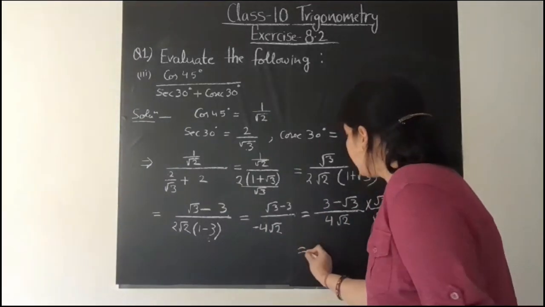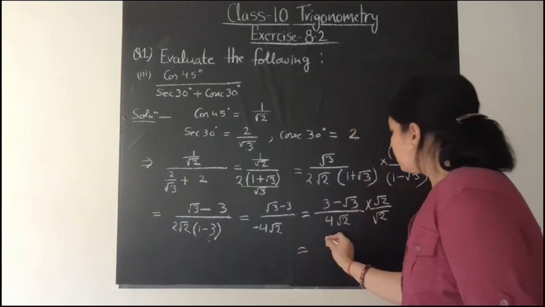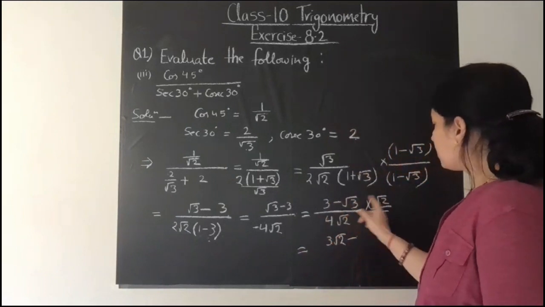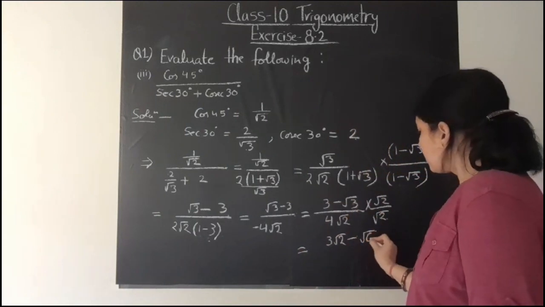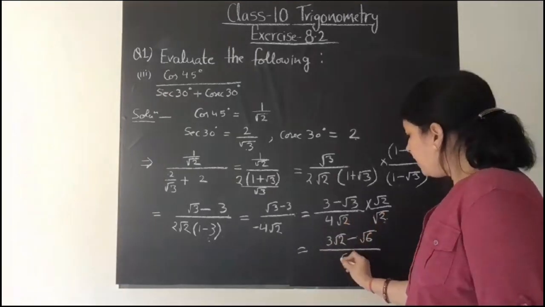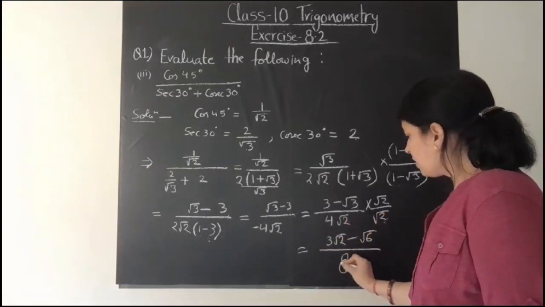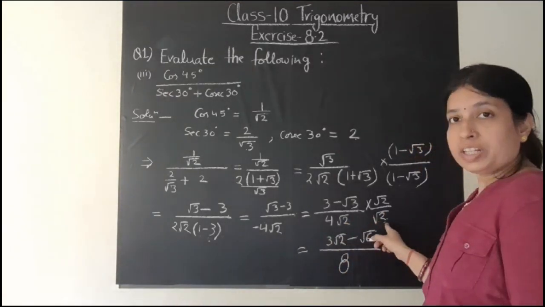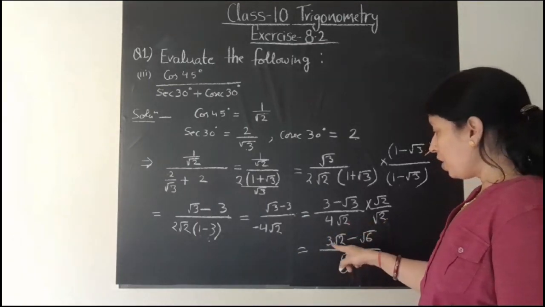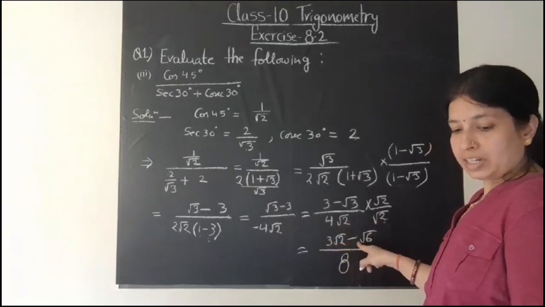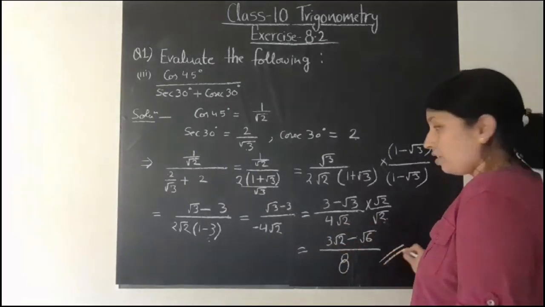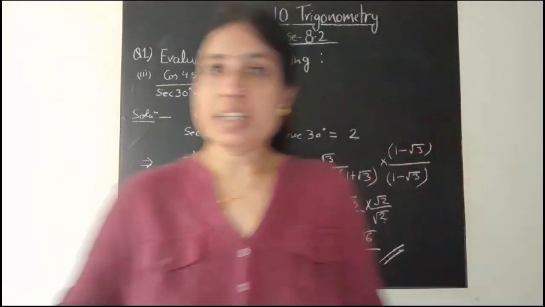So we will get 3 root 2 minus root 6 divided by 8. Root 2 into root 2 is equal to 2, 2 into 4 will be 8. So your answer will be 3 root 2 minus root 6 divided by 8. This is your answer. Let us see the fourth part.